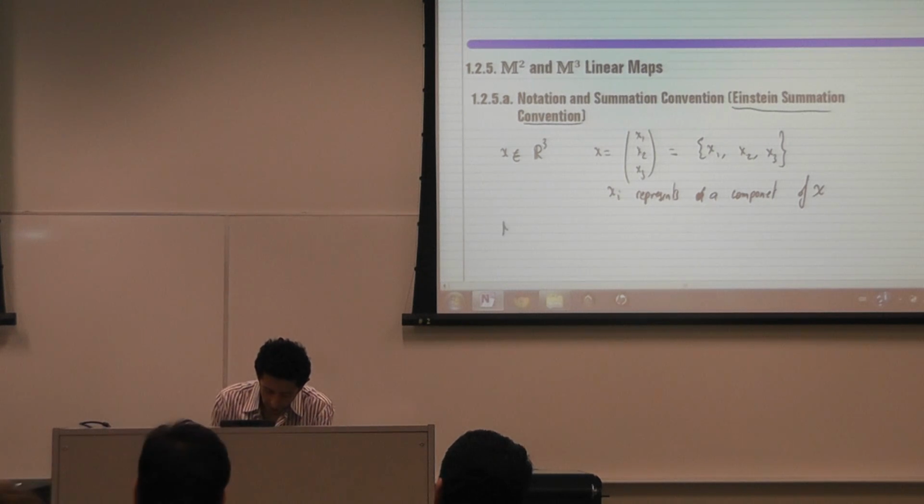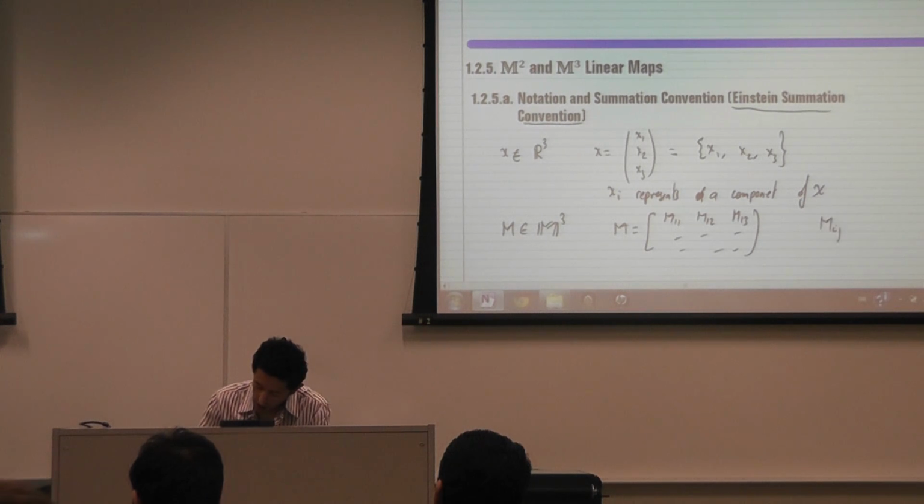And if M is a matrix, then M has this form, M11, M12, M13, and so on. Mij represents an entry in M.